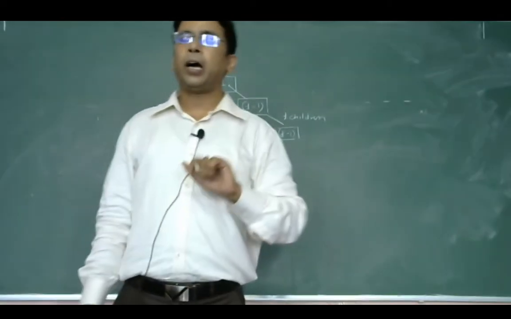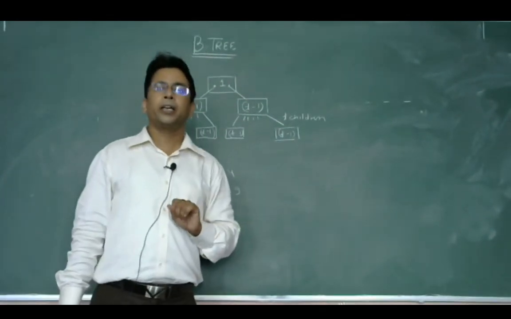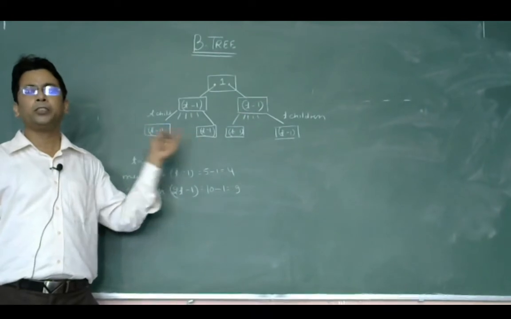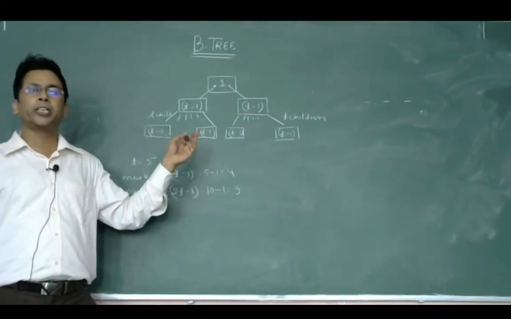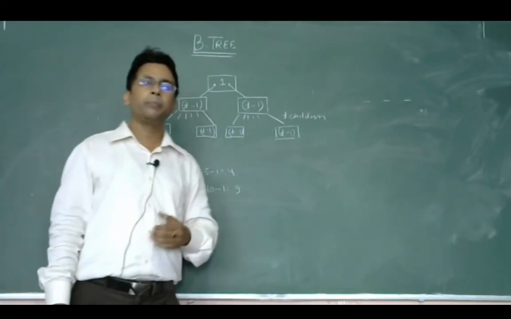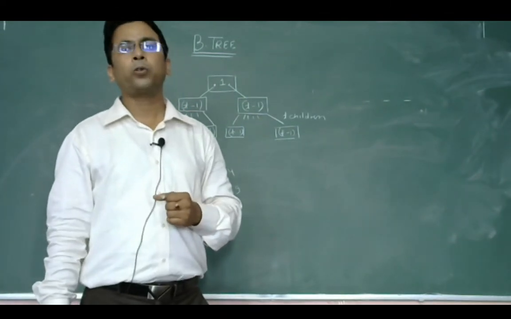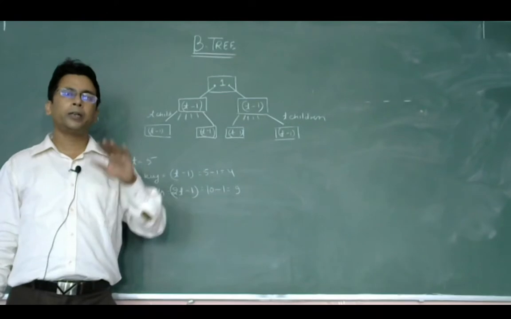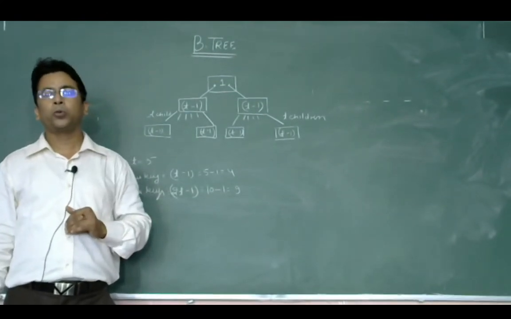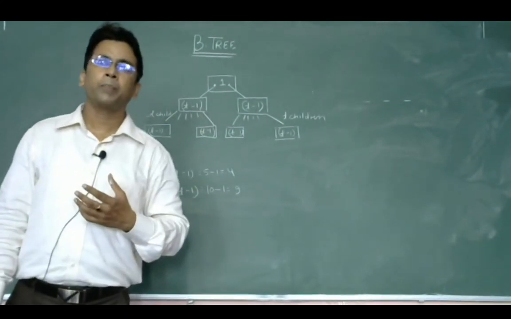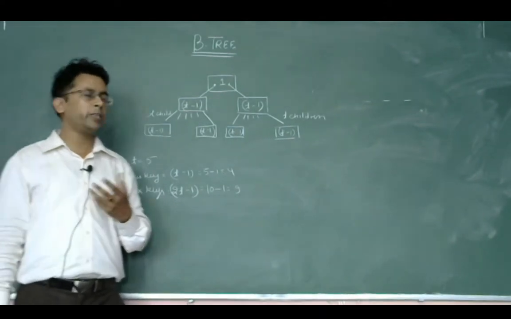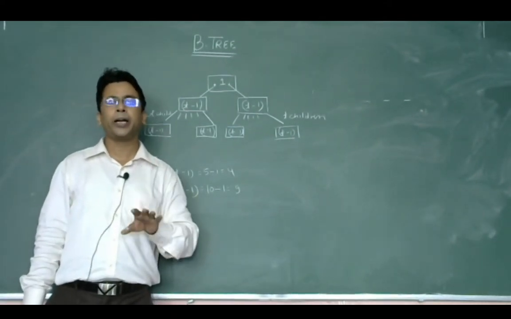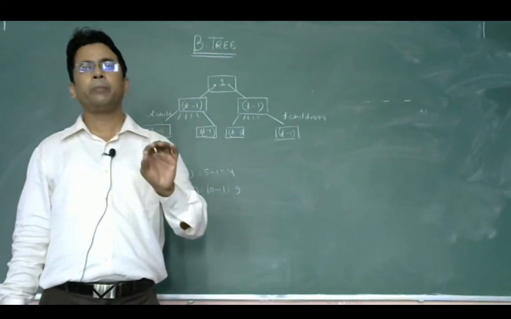Now I am going to discuss a point. If there is a range of key elements which can be stored inside a B tree, then what could be the maximum height a B tree can have? This is a question that has been asked many times in examinations: what will be the maximum height for a given number of elements?